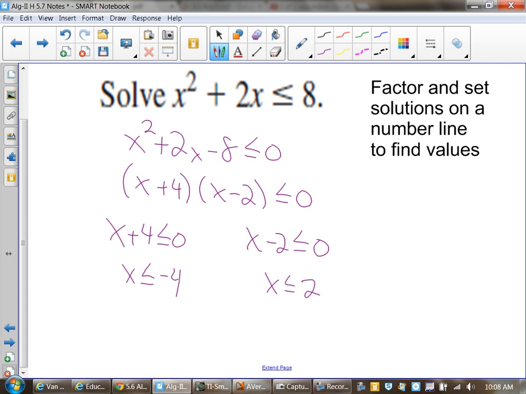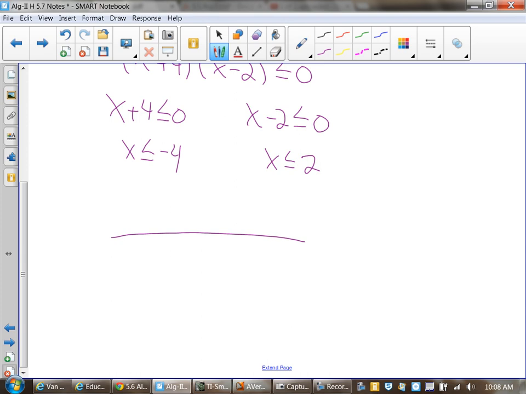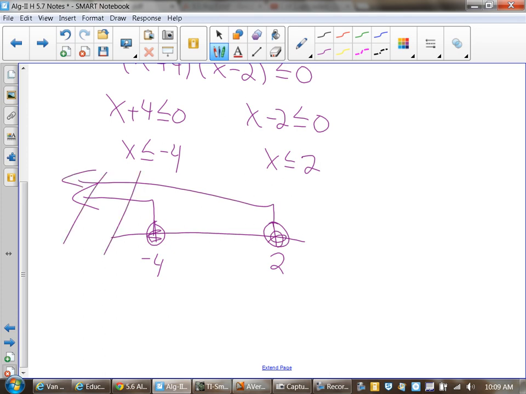Anything less than or equal to negative 4 would be the real solution that would fit for both of them. Because on a number line, if you drew this out, you have negative 4, solid, going this way. You have 2, solid, and going this way. They don't overlap until they get out over here. That's what you're just being able to write out.